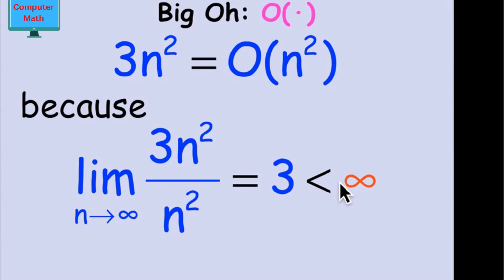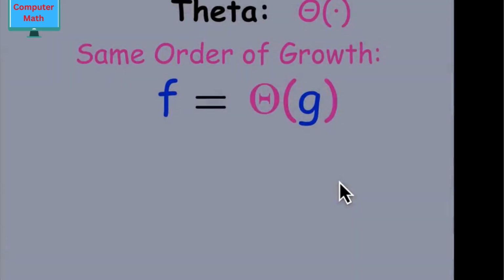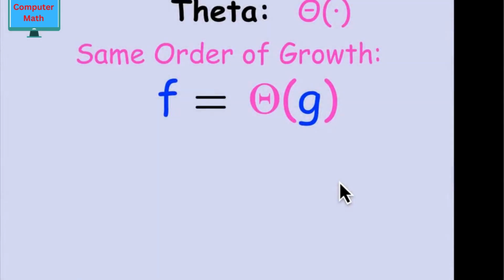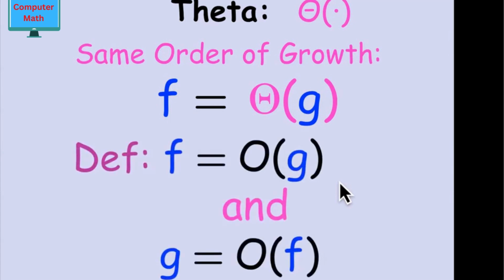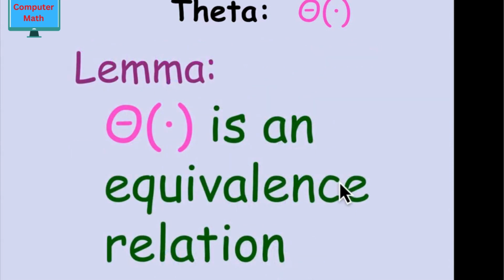And that's why big O plays a prominent role. The final relation of the four is called theta, or same order of growth. The definition is that f is theta of g simply if f is O of g and g is O of f. And it's easy to show from the definition that theta is an equivalence relation.